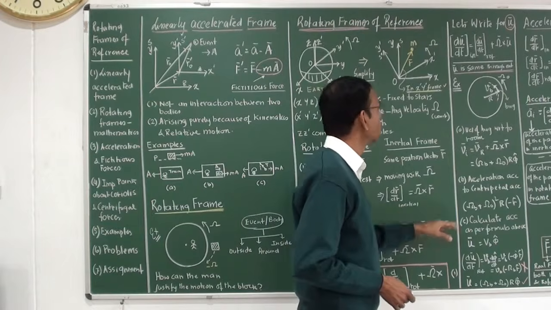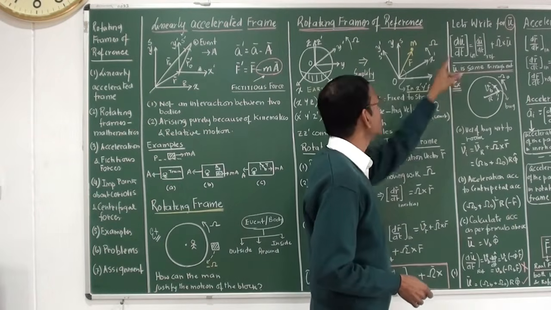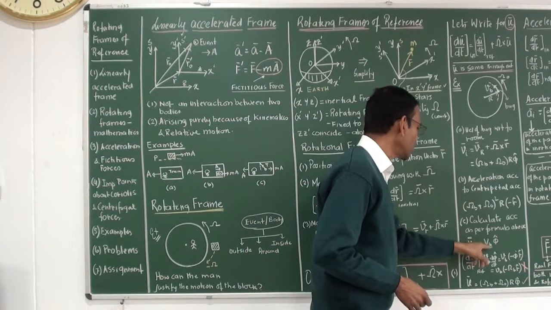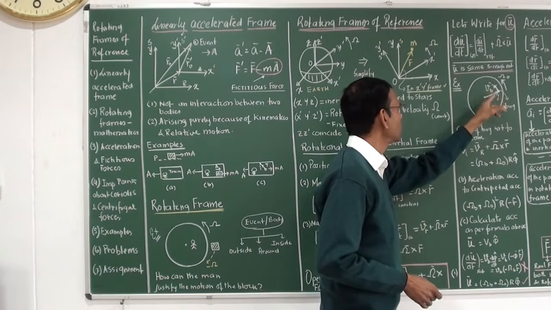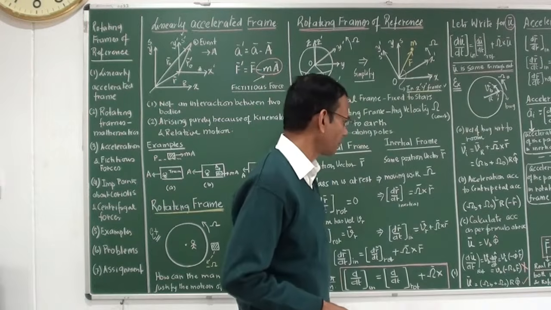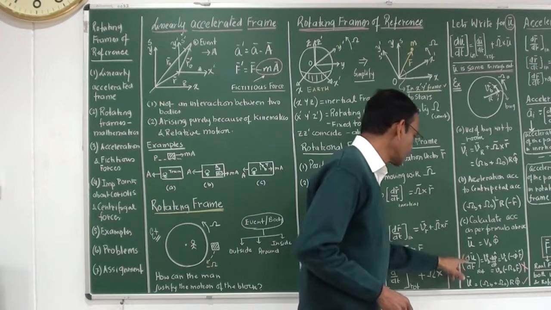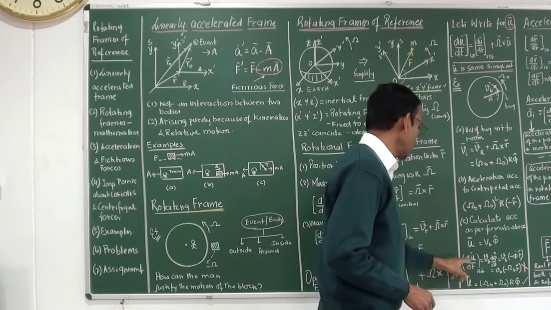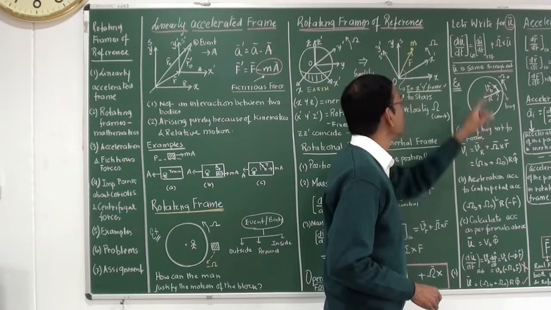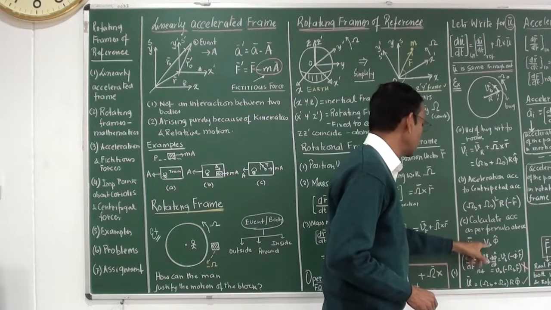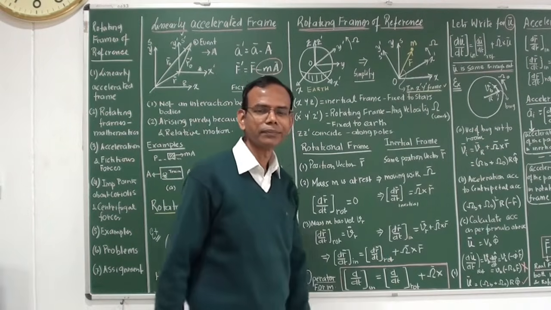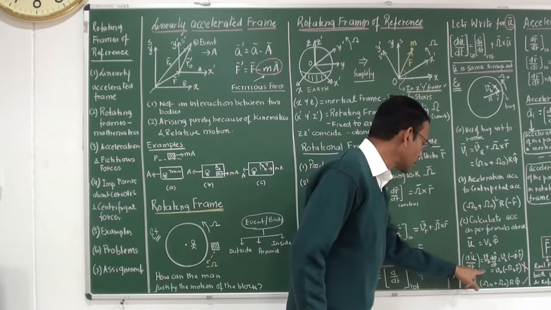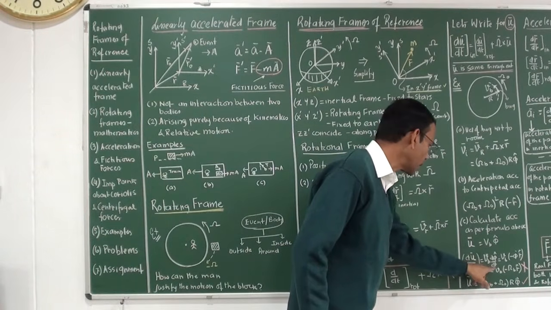So let us write. This u I have taken, for this particle, as Vb in the direction phi cap. Now differentiate this: du by dt rotational. I am trying to find out this quantity. So u I have taken as Vb phi cap, so du by dt rotational is Vb d phi cap by dt.